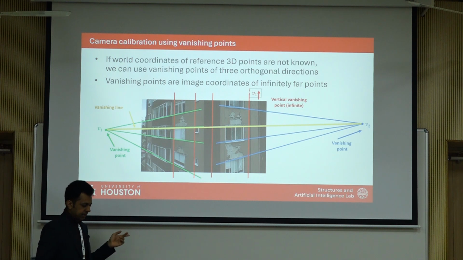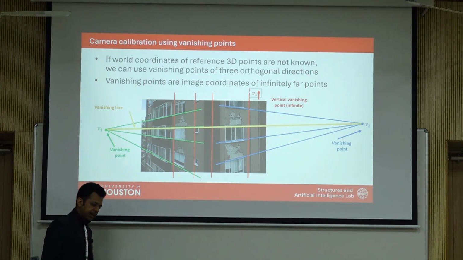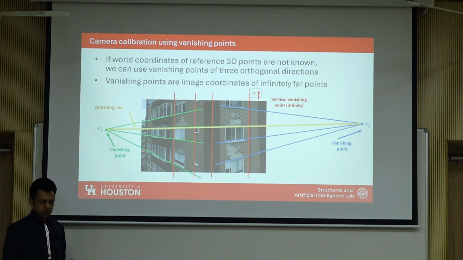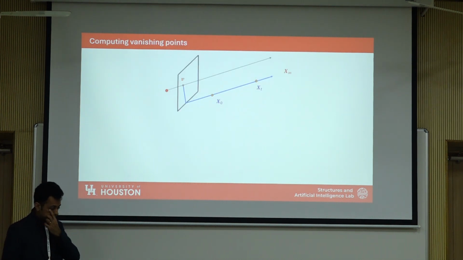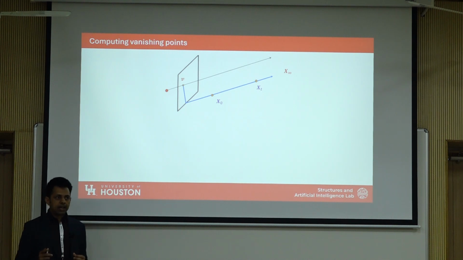So these vanishing lines and vanishing points give us an orthogonal frame of reference, and we can use that to constrain our problem. Okay? So how do we do that? We saw that a vanishing point is an image projection of a point at infinity.